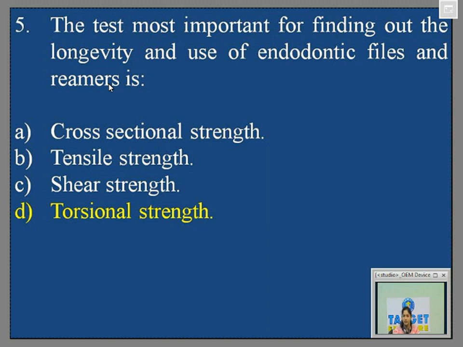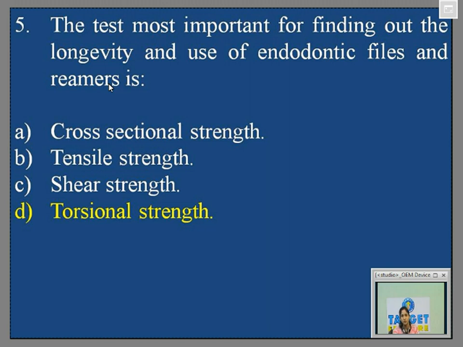You have to remember two things. Endodontic files, when they fail, can fail due to two causes: one is cyclic fatigue, the other is torsional fatigue. Cyclic fatigue happens when a file is being used in a curved canal. You will have zones of compression on one side and zones of tension being formed on the other side.